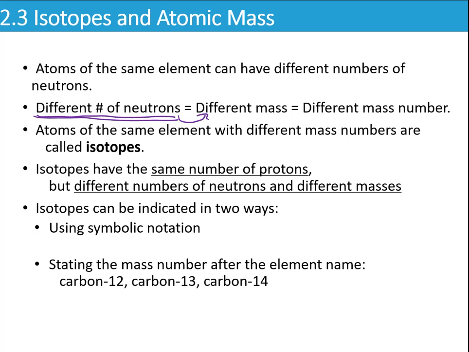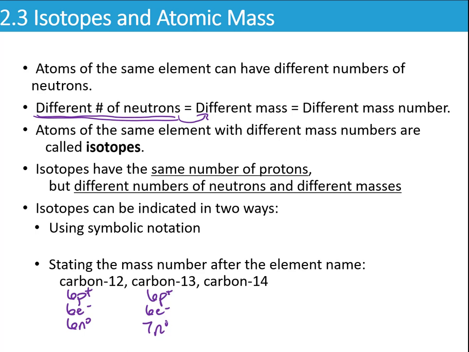So I can have carbon 12, remember that that's 6 protons, 6 electrons, 6 neutrons. But what if I have carbon 13? How many protons? 6. 6 protons, 6 electrons, because remember those are equal. But that means how many neutrons there? 7. By subtraction.